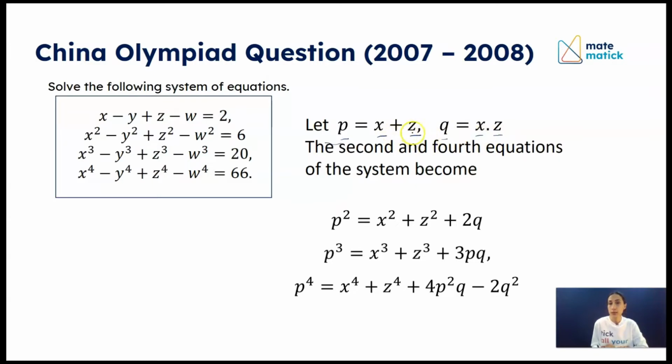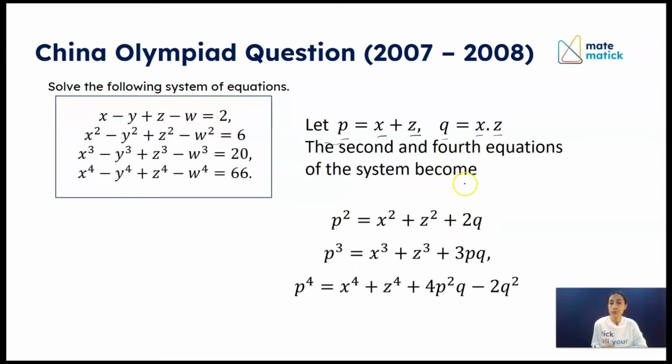Why did I take x and z? Because they have the same signs. So the second and fourth equations of the system become... I will take p squared, p cubed, and p to the power of 4, because in our equations we have these powers. I will try to make them similar. So p squared is equal to x squared plus z squared plus 2q.